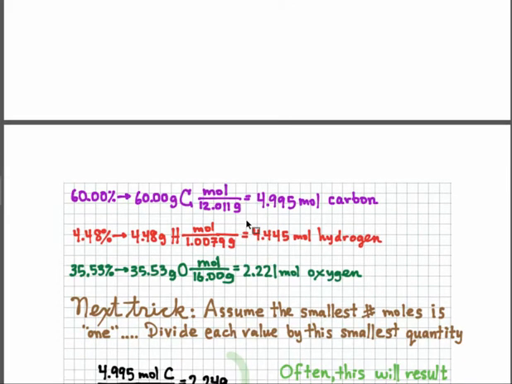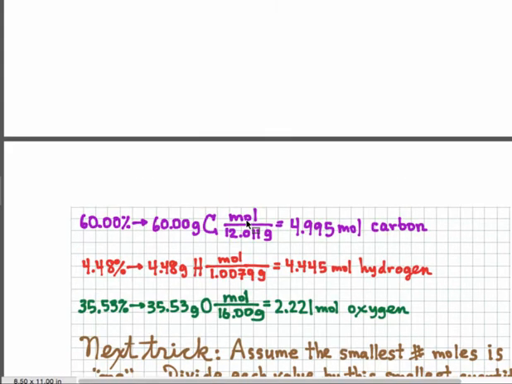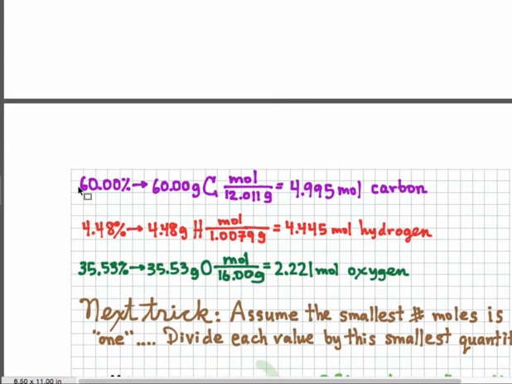Even though we may not have a 100 gram sample, everything else will be proportional. So 60%, 60 grams, 4.48%, 4.48 grams, 35.53%, 35.53 grams, 16 grams per mole for oxygen, 1 gram per mole for hydrogen, 12 grams per mole for carbon, changes the grams to moles.